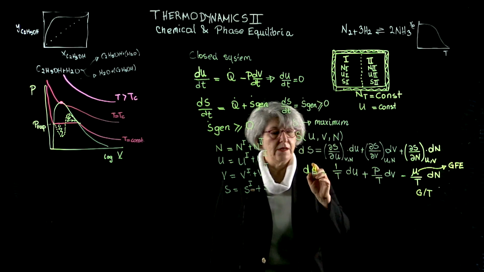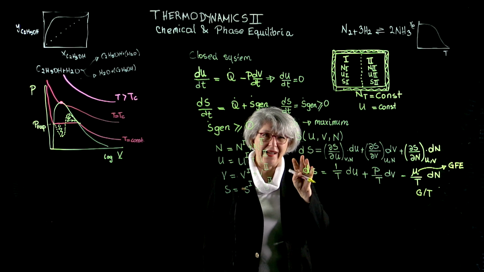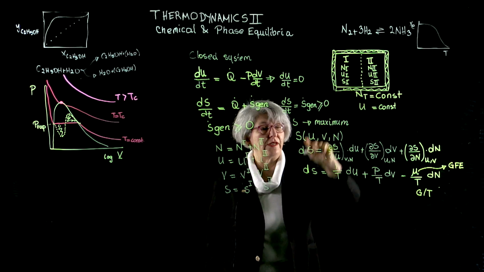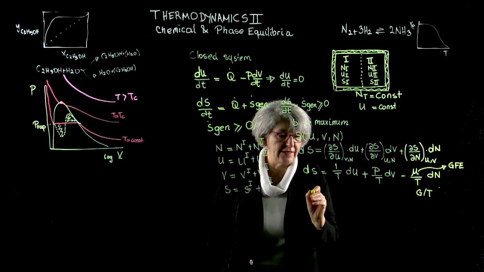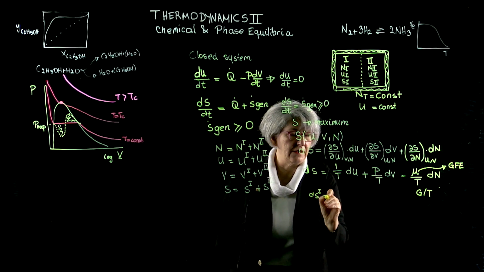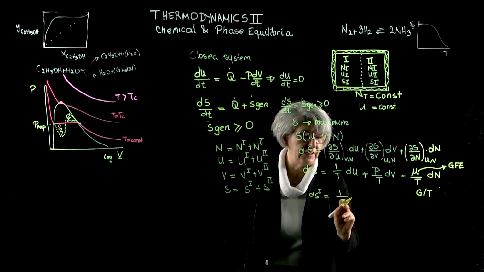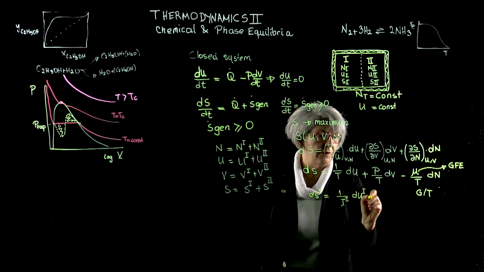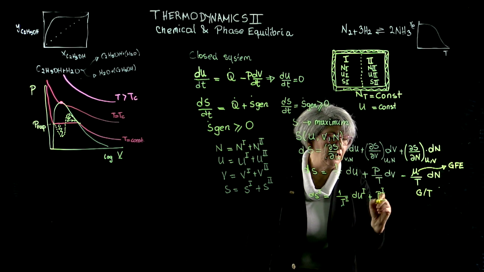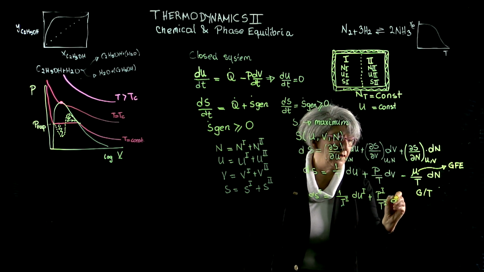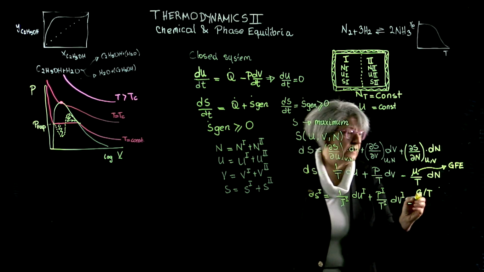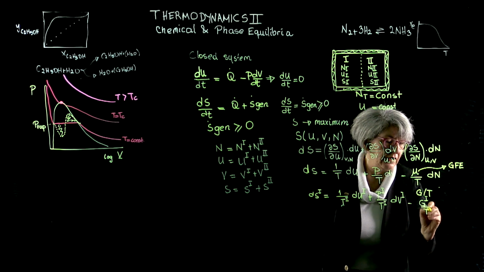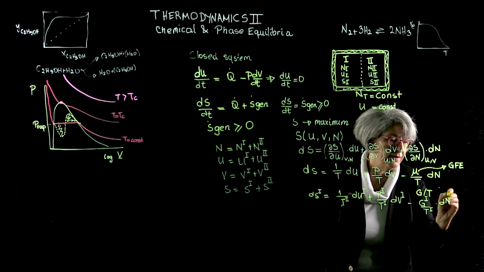So we are going to generate our balance equations for domain 1 and domain 2. ds1 is equal to 1 over T1 times du1 plus P1 over T1 times dV1 minus G1 over T1 times dN1.